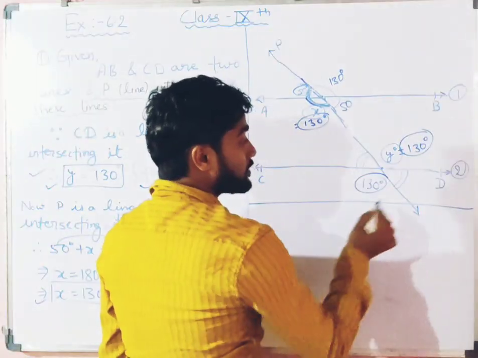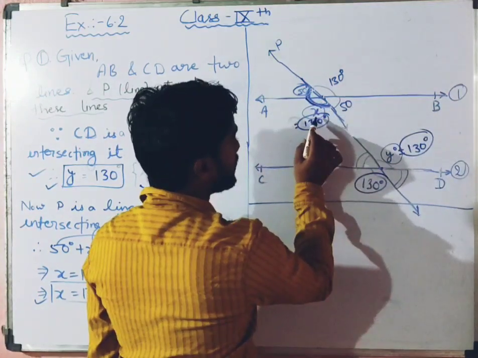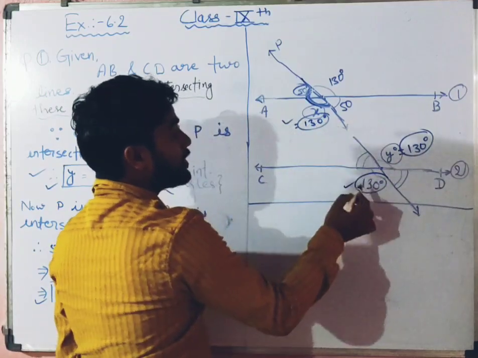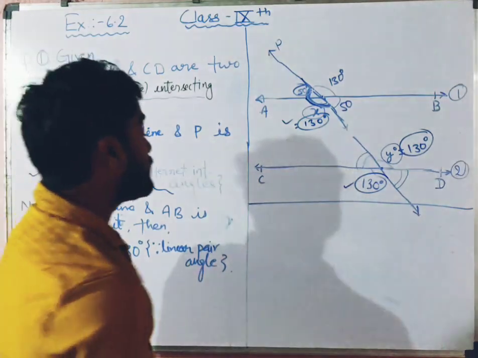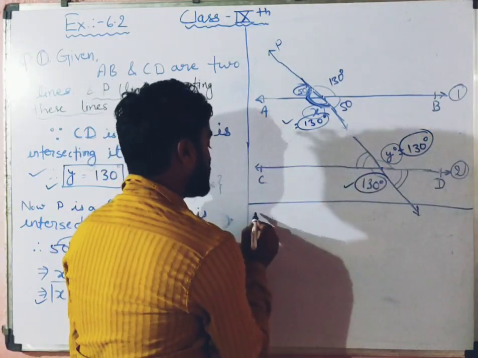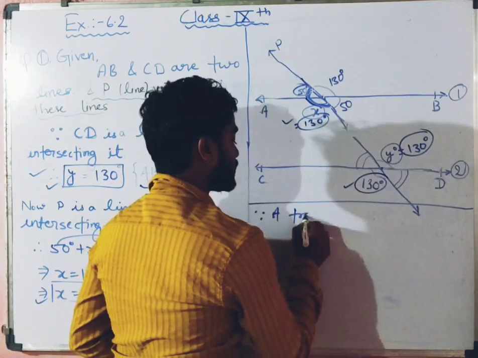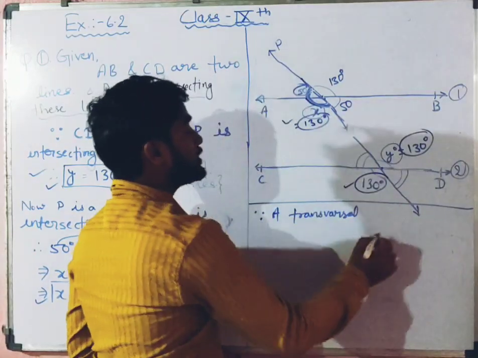And one more thing, if this angle is 130, then that is also 130 degrees. That means these two angles are equal to each other, and the alternate interior angles are equal. There is a transversal P given there, no?